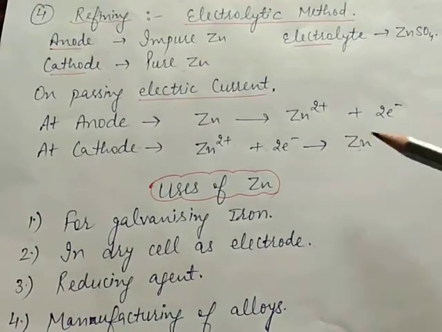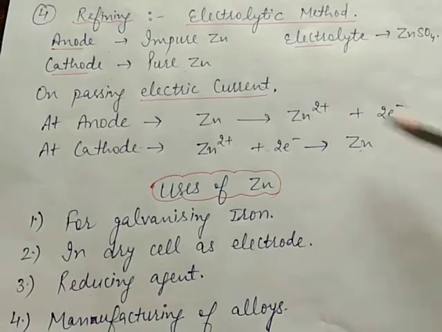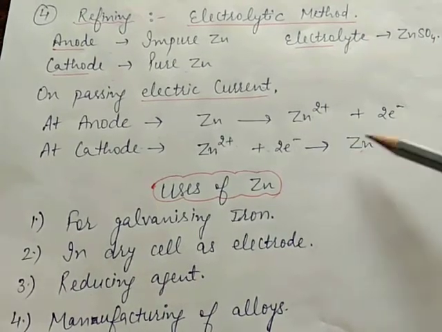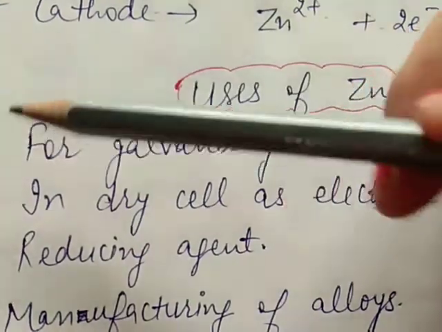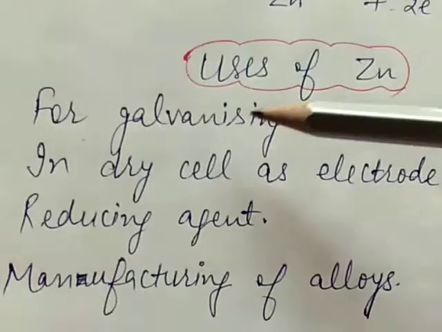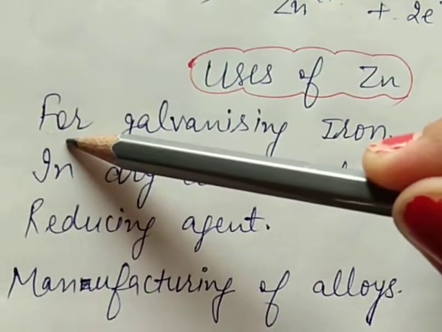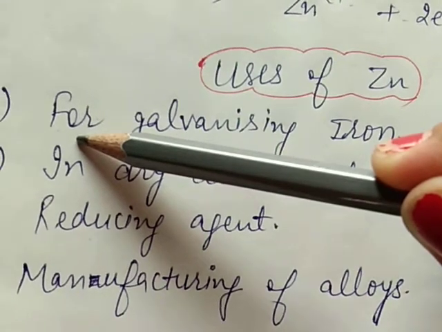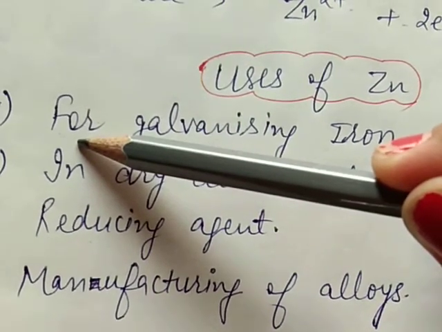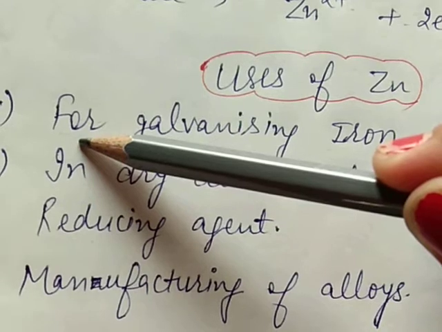After refining, these reactions take place. This is the pure zinc. Now the next is uses of zinc. First is for galvanizing iron. Galvanizing means coating of iron with zinc.